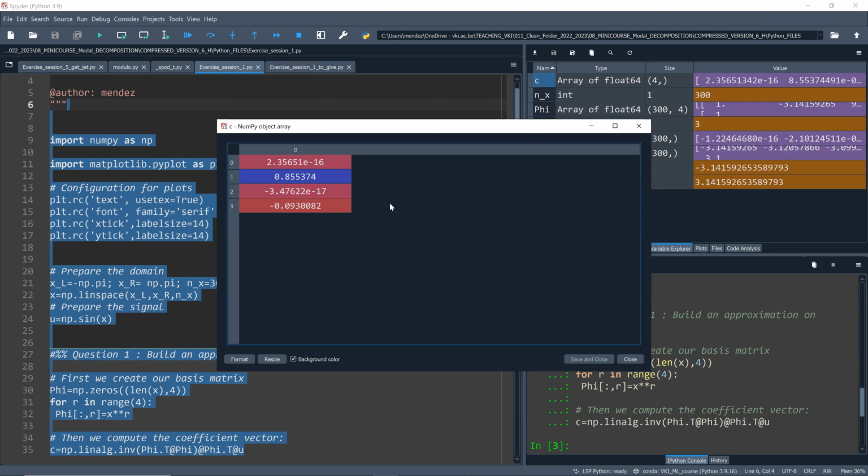The Legendre polynomials are designed in such a way. You have to be careful here that the Legendre polynomial should respect this condition.